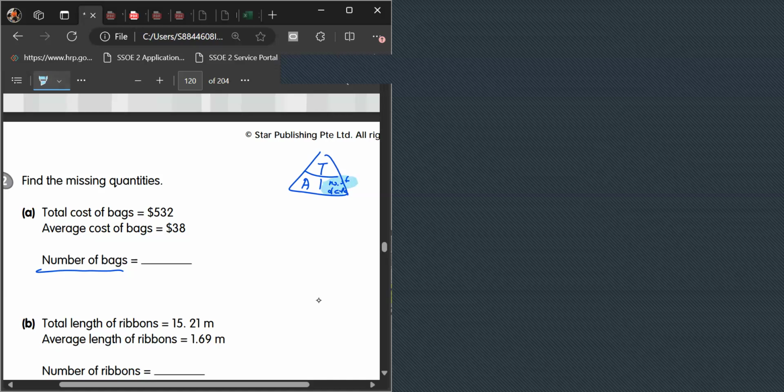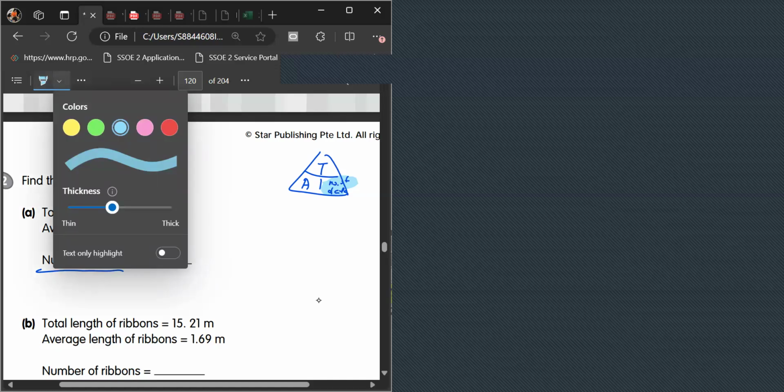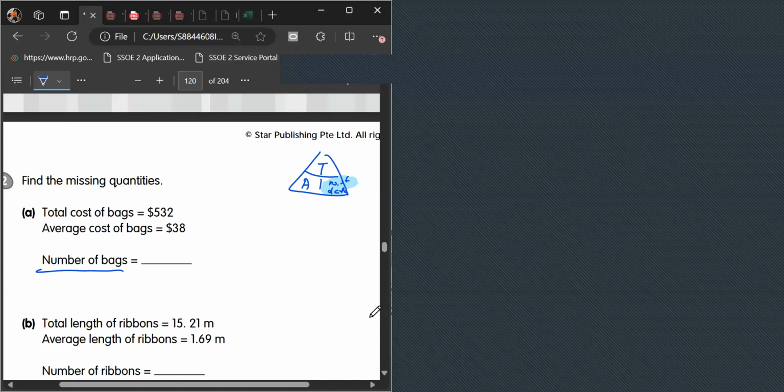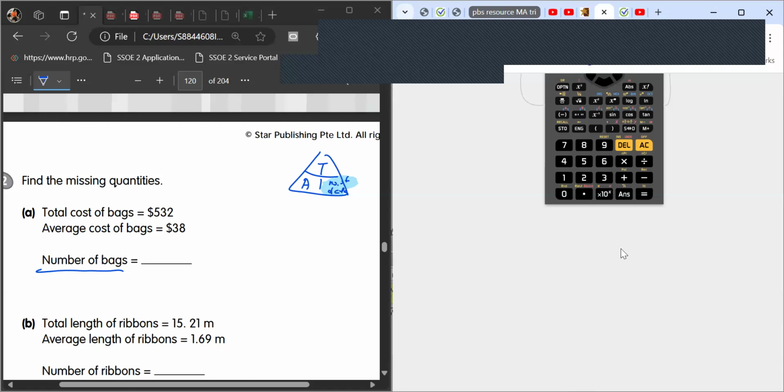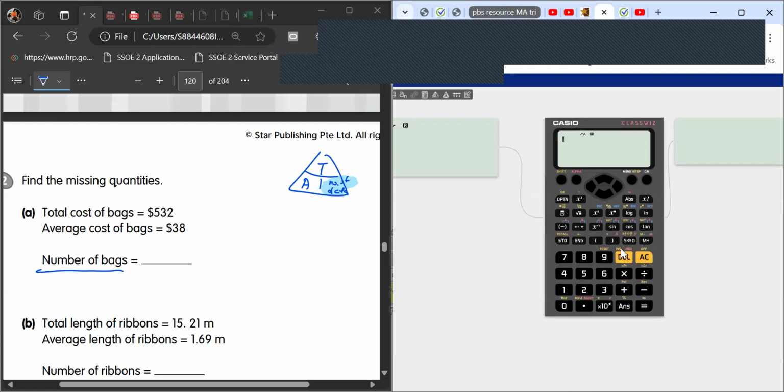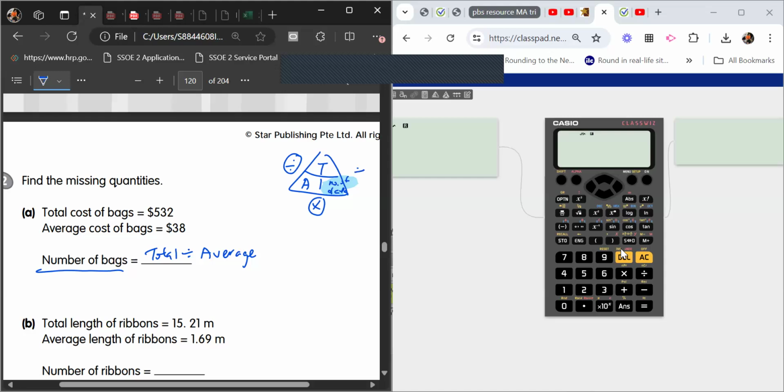So I will use the total divided by the average. So to get to total, you multiply. To get to the smaller quantities, to the parts, you use division. So in this case, you're using 532 divided by $38. The answer will be now how many bags.